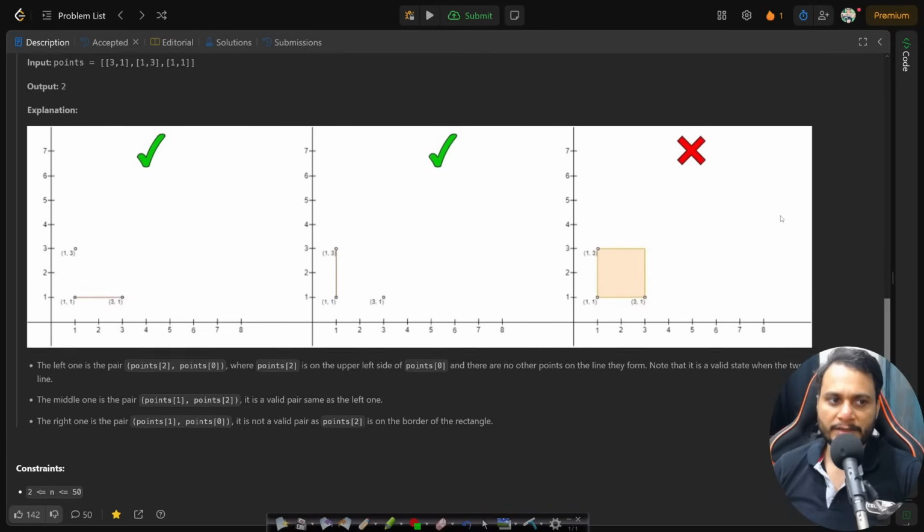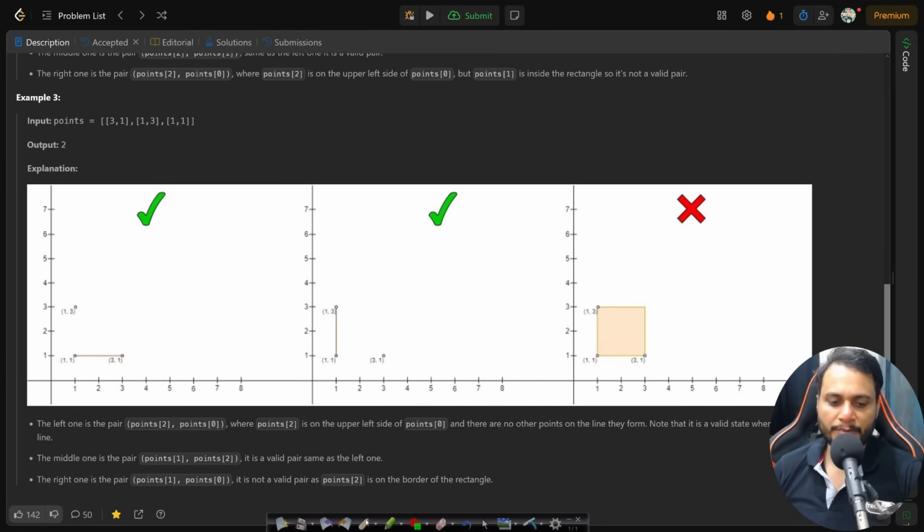If you look at the third example, there are 3 points. If you consider 1, 3 as the top left corner, then you can make a rectangle with just 1, 1 lying on the same vertical line. This is also considered a valid rectangle, and if you consider this rectangle, you do not have any other point on this line or inside this rectangle, and therefore it is valid.